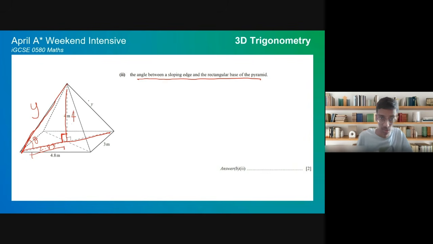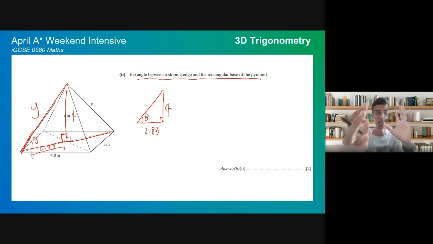So again, I'll draw out a small representation of the diagram just on the side. We know that this is right angled and this is 2.83, so 4, and then this is the angle. If you can imagine, we're rotating the triangle that we had in 3D into 2D so that it's easier to work with. And then we know that tan is equal to opposite over adjacent.